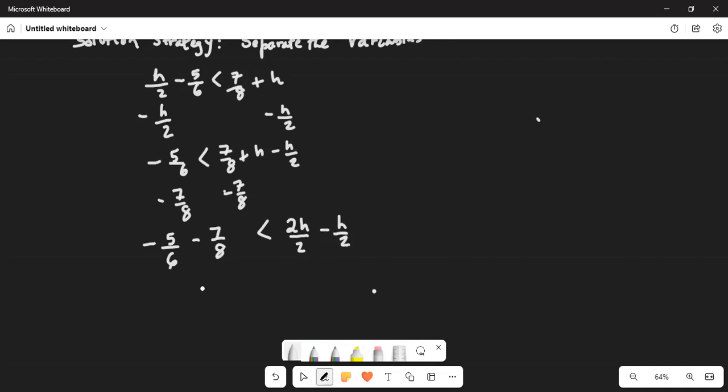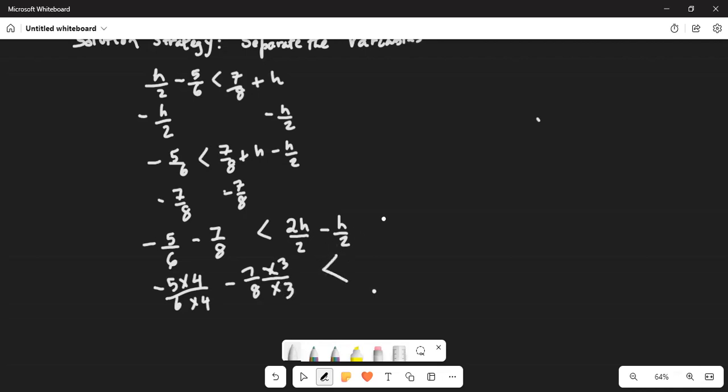Now I have to get this into a common denominator form. The denominator should be common on the left-hand side. The easy way to do that is to multiply the first term by 4 in the numerator and the denominator, minus 7/8, and the second term multiply by 3 in the numerator and in the denominator also by 3.